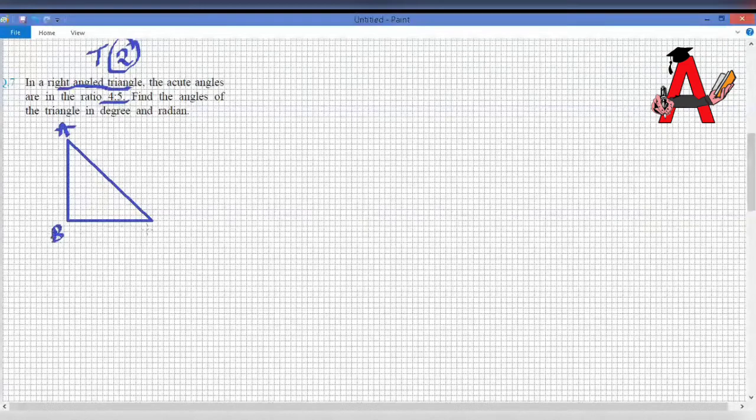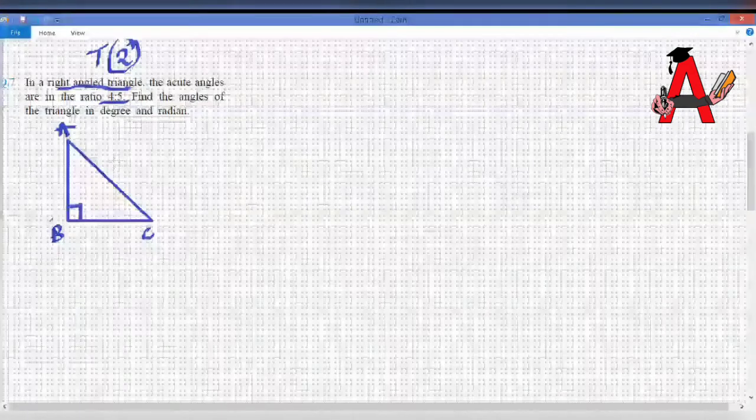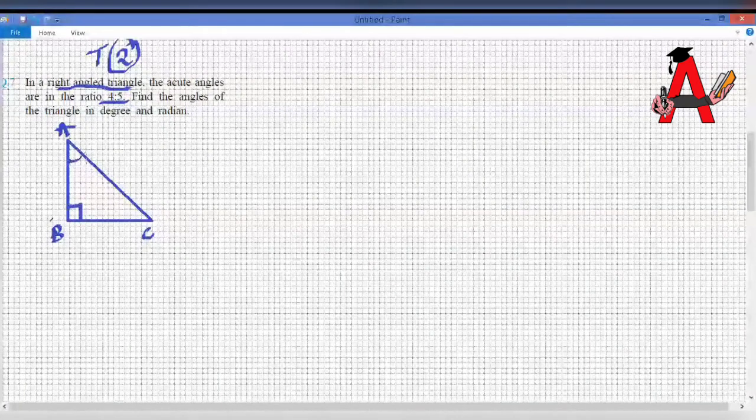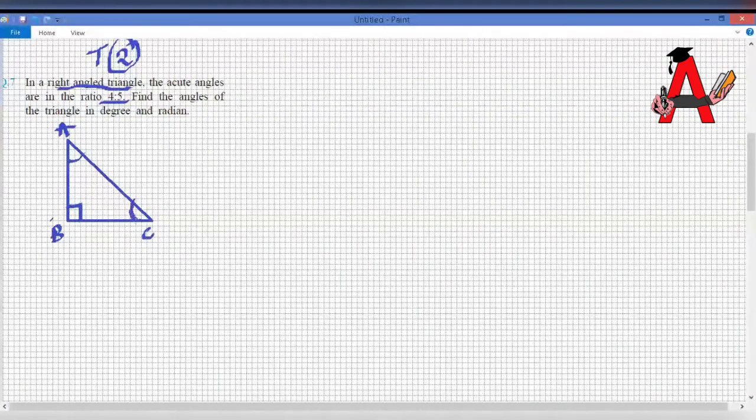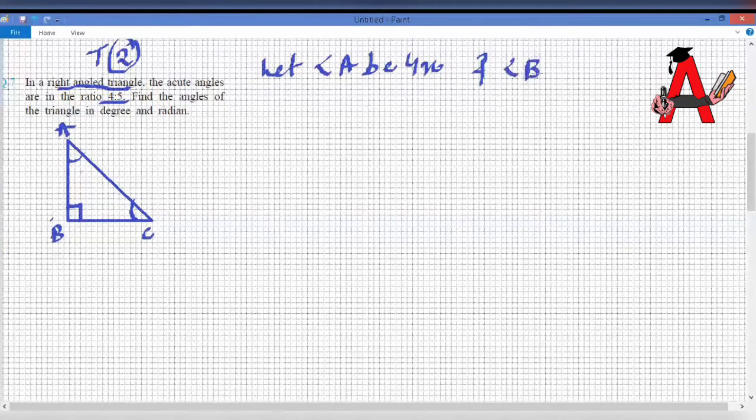Now you know that in a right angle triangle, one angle will be 90 degrees. So this can't be an acute angle. Suppose this is an angle and this is an angle. Now if these two angles are in ratio 4:5, I can let angle A be 4x and therefore angle C will be equal to 5x, because they're in the ratio of 4 and 5.